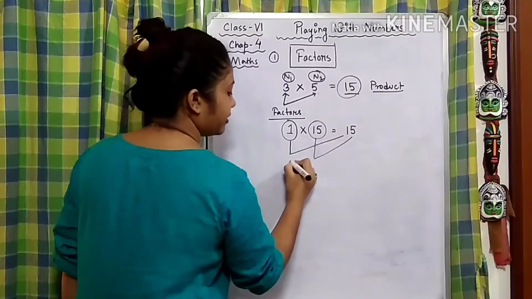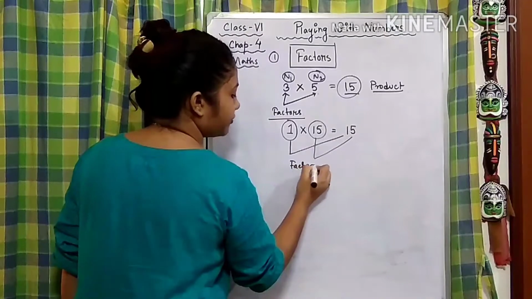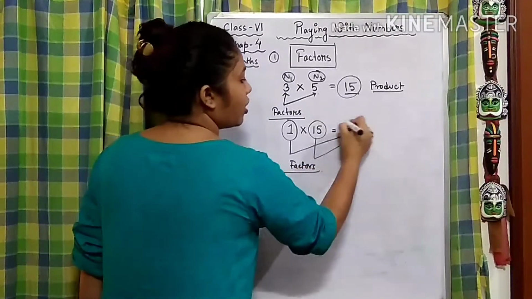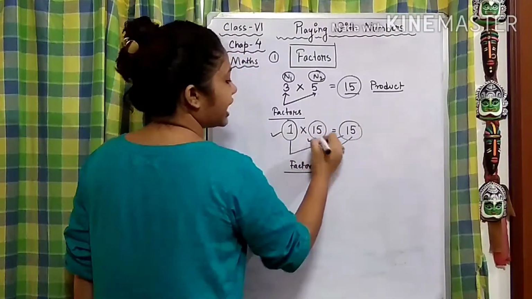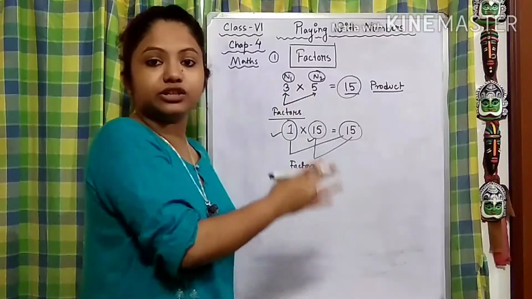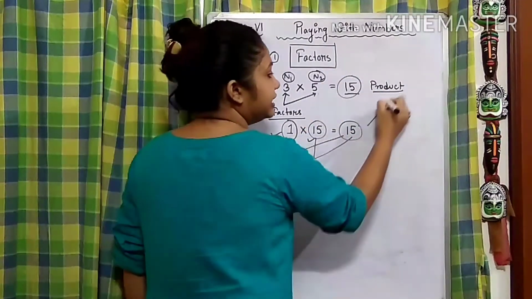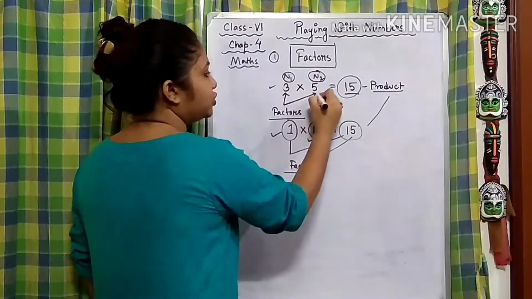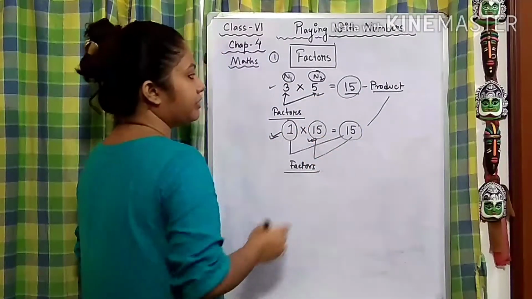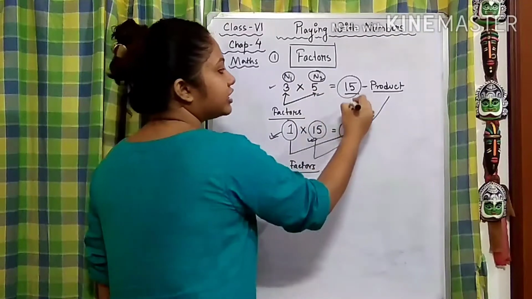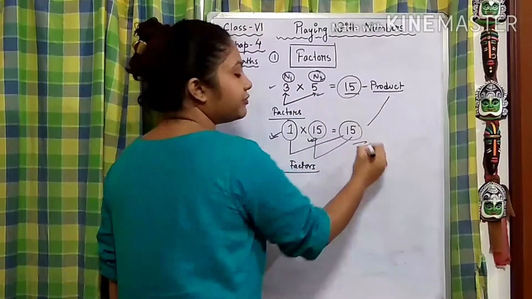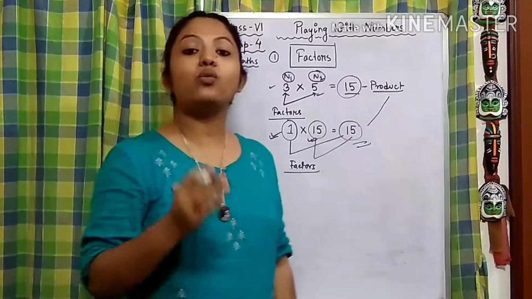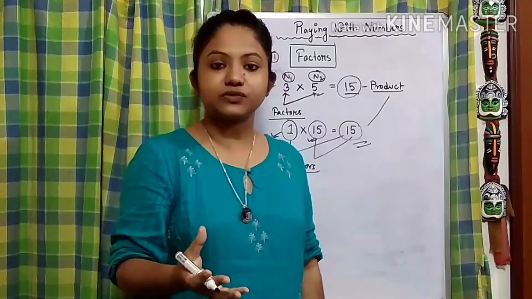All the numbers which have been multiplied together to give the product, these 4 numbers, are the factors of 15. Now you understand what a factor stands for.